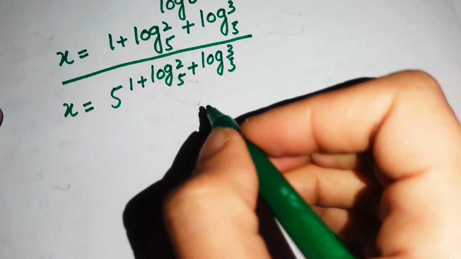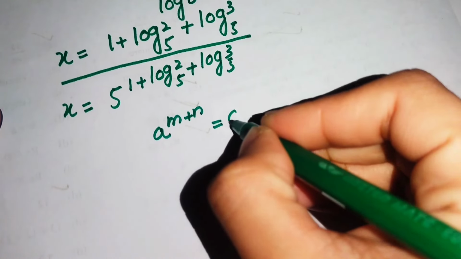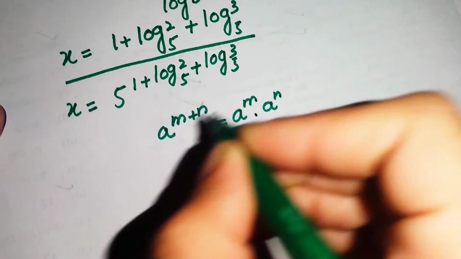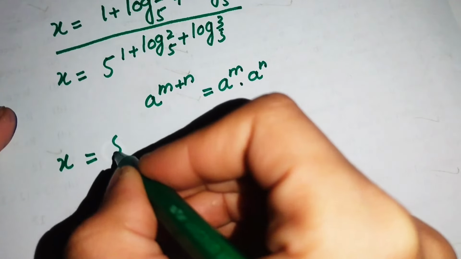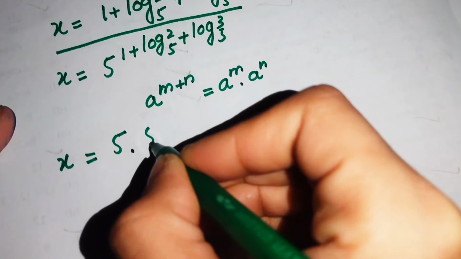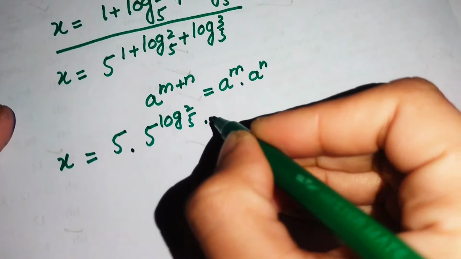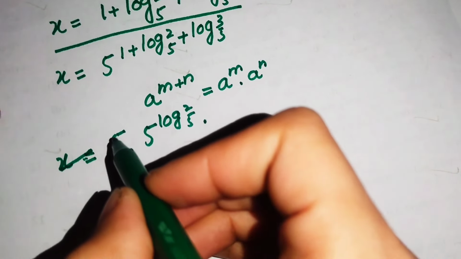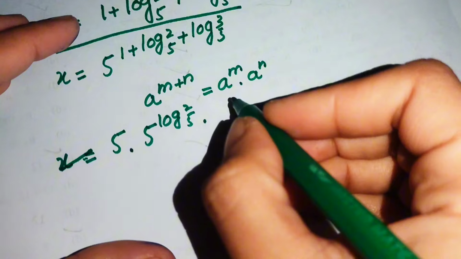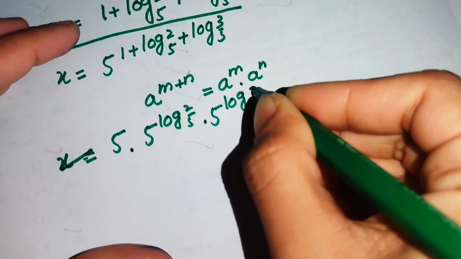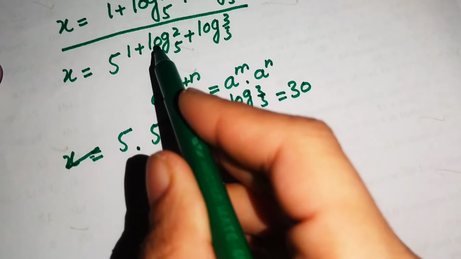And we know that a^(m+n) is equal to a^m times a^n, and we apply it here as 5 times 5^(log_5 2) times 5^(log_5 3) is equal to 30, because this is the value of x in 5^x.